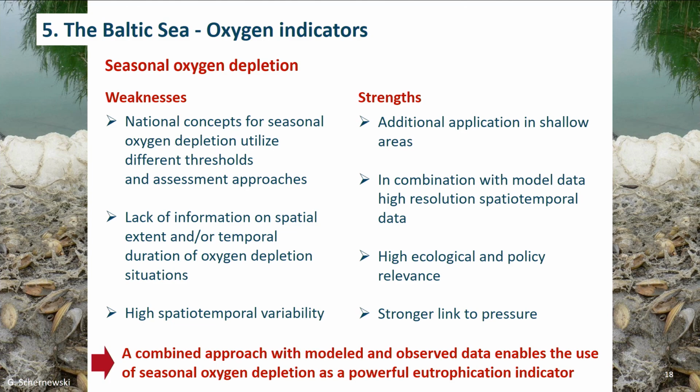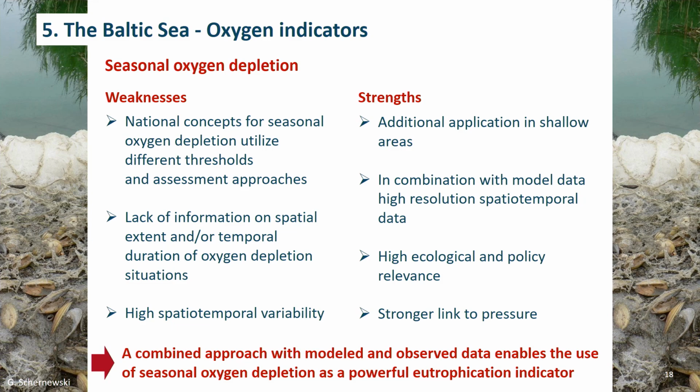A strength is that the indicator enables a wider application area than oxygen depth, which only assesses permanent hypoxia in deep basins. Oxygen depletion has a high ecological and policy relevance as it affects fish and benthic animal populations.